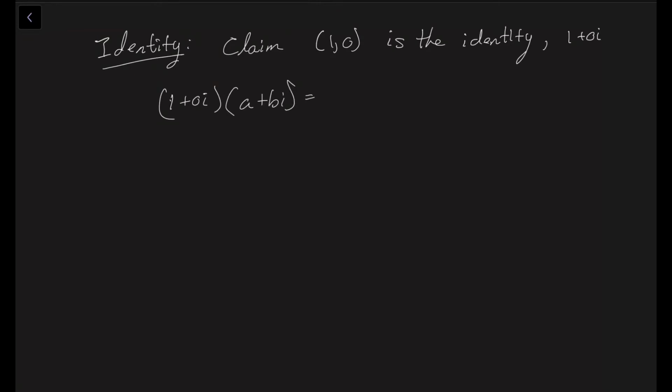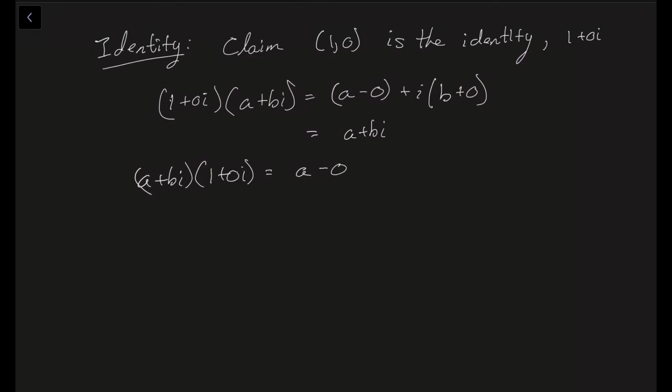And what we're going to show in both cases is that we get a plus bi out using our rule for multiplication. And since they both give us what we started with, we can claim that we have an identity.